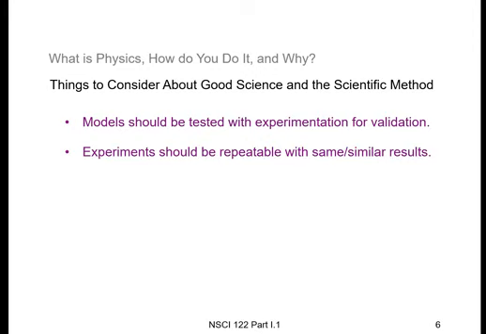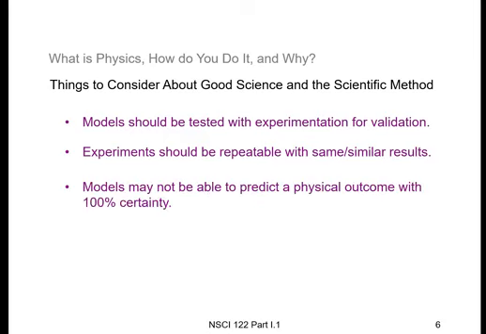Our equipment might be a little bit different. So experiments should be repeatable. One experiment is not enough to say, yes, this model is 100% successful. It works all the time. Okay, models may not be able to predict a physical outcome with 100% certainty.